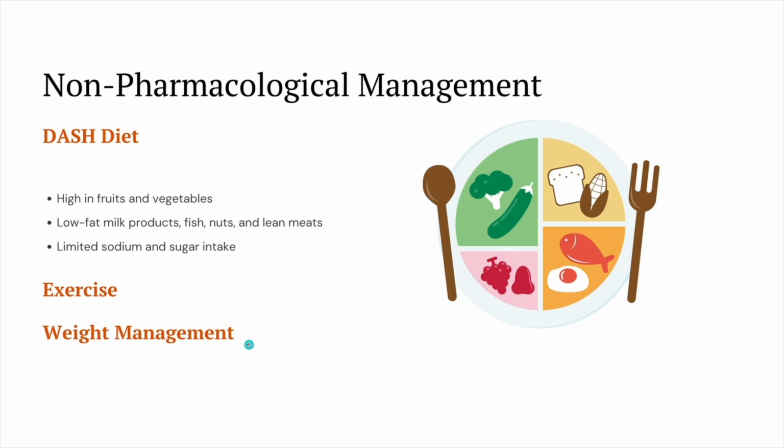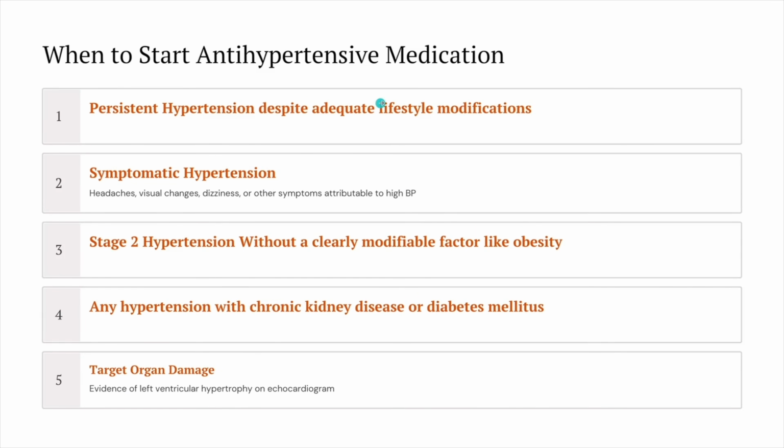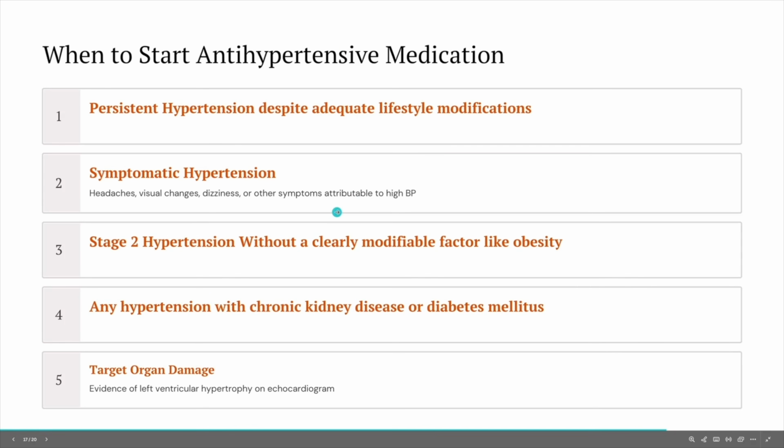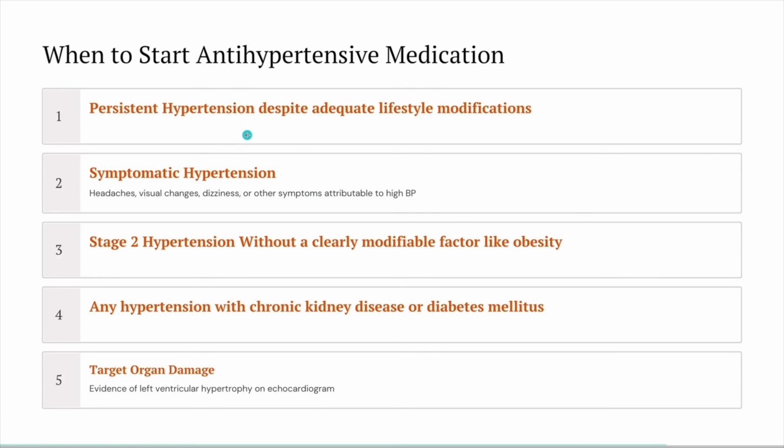Exercise and weight management. When to start the antihypertensive medication? So, it's a big deal for children to start antihypertensive medication. So, these are the indications. For example, persistent hypertension despite lifestyle modification. Secondly, of course, symptomatic hypertension. The blood pressure is very high. Sometimes you can have headache, visual changes, dizziness.